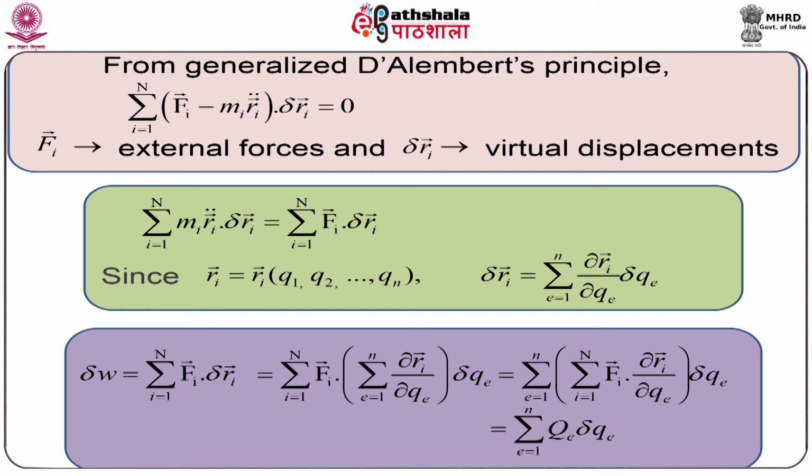Denoting this as delta W, where W is the work done as we are considering virtual displacement, we get the virtual work done by the external forces, which is the sum over i equal to 1 to capital N of Fi vector dot delta Ri vector. If we replace delta Ri vector using this expression, we get this result.